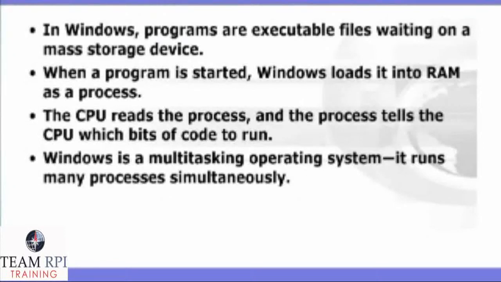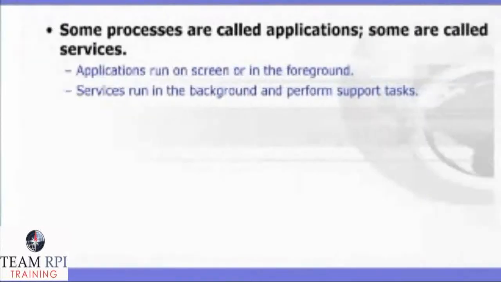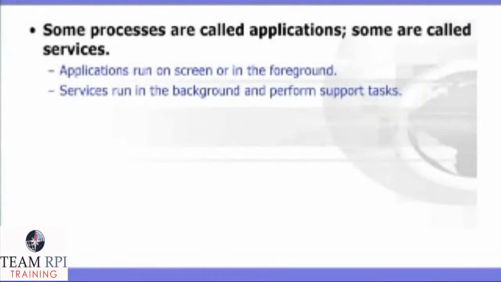It runs many processes simultaneously. Some processes are called applications, and some are called services. Applications run on screen or in the foreground. Services run in the background and perform a lot of your support tasks.